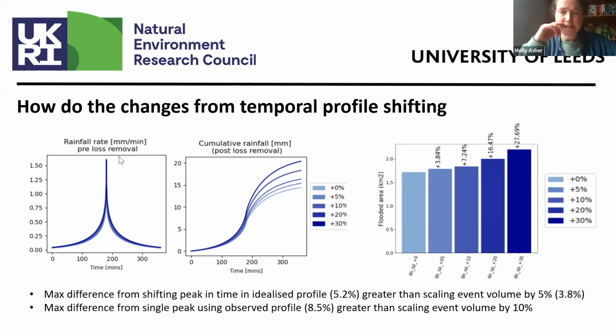From this, we can see that the changes in the flooded area we saw from shifting the peak are in many cases equivalent to the impact of increasing the total event volume. So that's a comparison to suggest that if scaling the event volume is seen to be important, which it often is, then accounting for the event temporal profiles is something which should maybe also be considered.